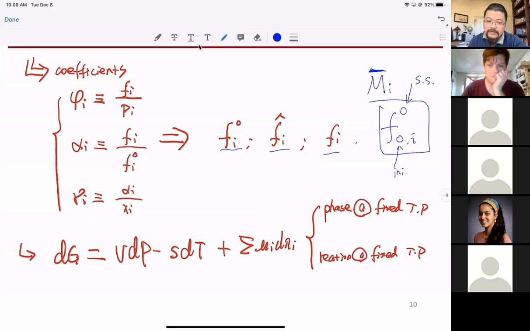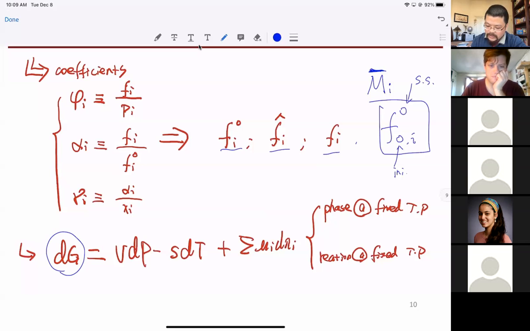So after that, coming back to the Gibbs energy, now we've manipulated all those equations. Now we know that the Gibbs energy, we can express as VdP minus SdT plus the summation of chemical potential with respect to each component, mu i dn i.